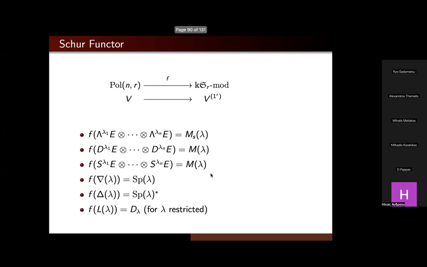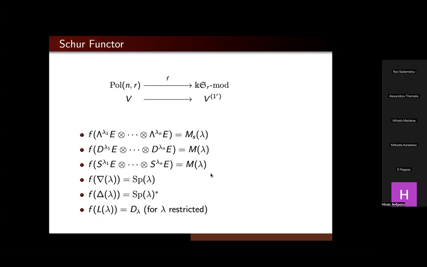And when I apply the Schur functor on the irreducible model for lambda p-restricted, I get the irreducible model. Of course, for GLN, I didn't have to take lambda to be p-restricted. If I take it p-restricted, I get what I want, which is an irreducible representation of the symmetric group. If you take any lambda that is not p-restricted, then you'll get a zero.